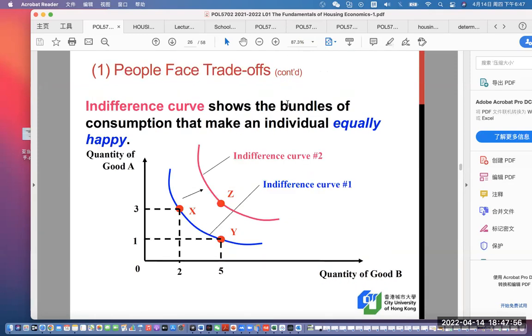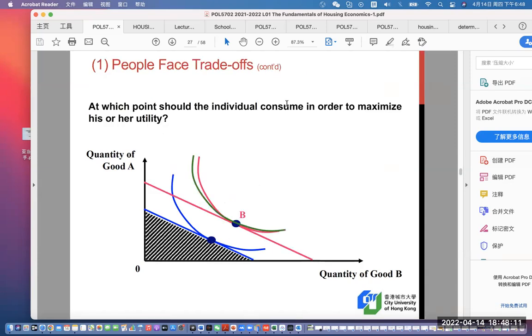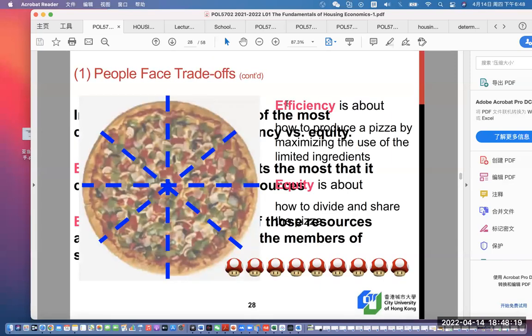The second issue is indifference curves, which generally show the bundles of consumption that make an individual equally happy, and the point at which each individual would consume in order to maximize his or her utility.